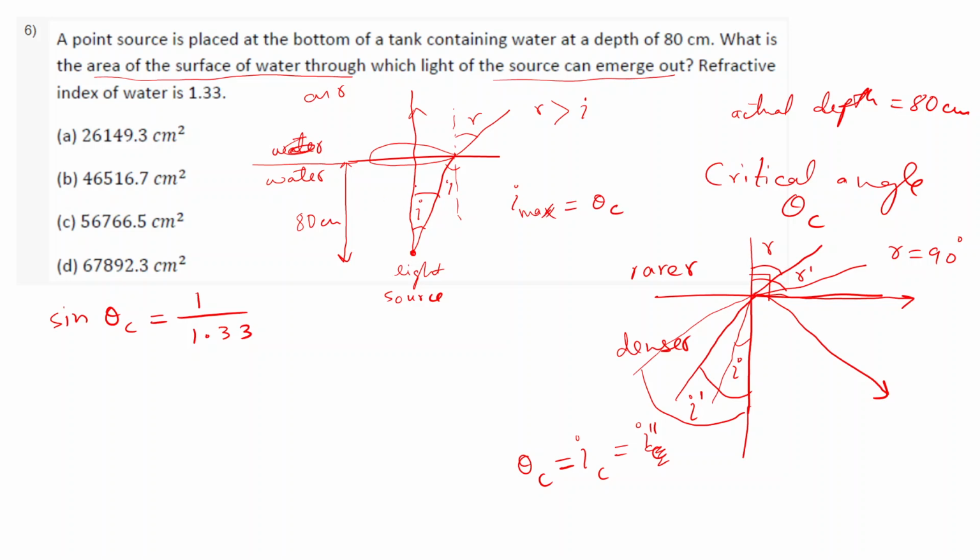It can be less than it, then only it will come out, but it cannot be more than theta c. So I maximum can be theta c, because we need to find out this area. And considering this right angle triangle, we'll see sine theta c is A. Let's mark this A, this let's call it B.